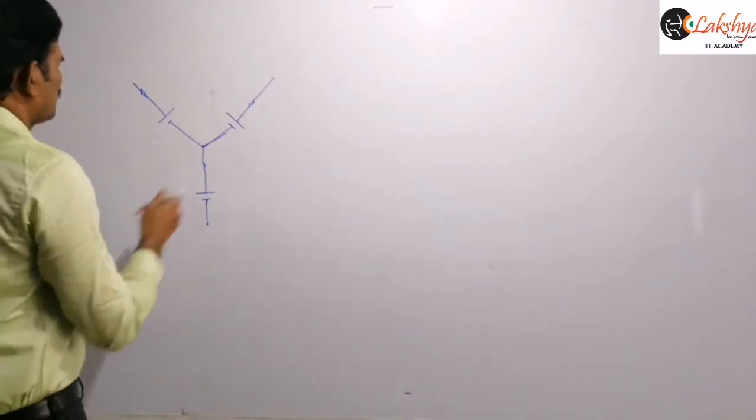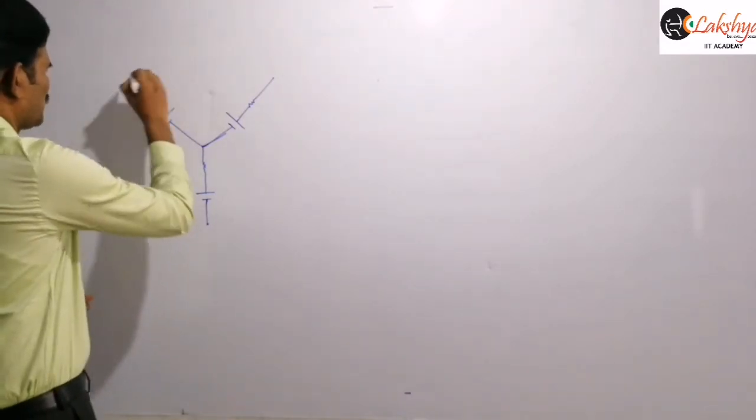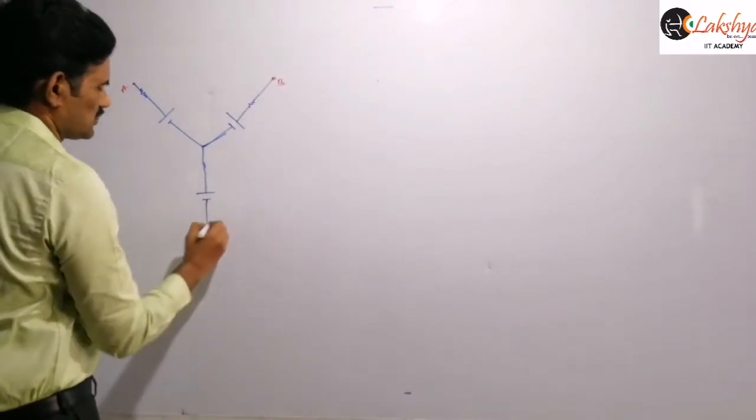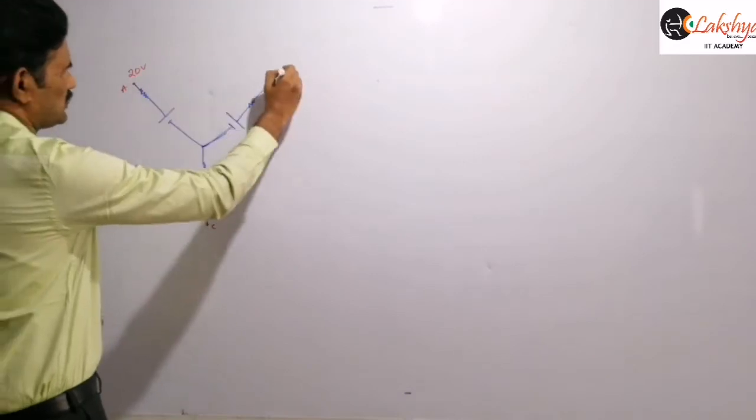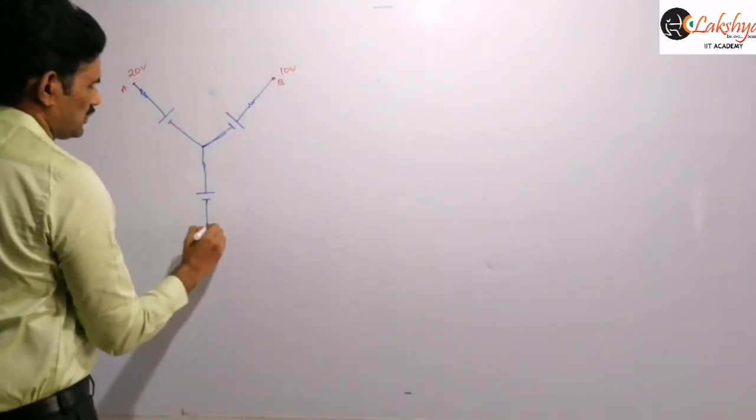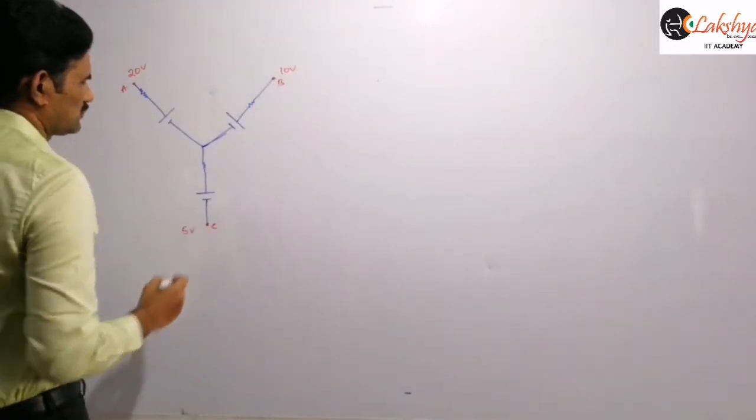Now I am taking this, this is again point A, this is point B, and this is point C. Say this is 20 volts, this is 10 volts, and say point C is 5 volts.